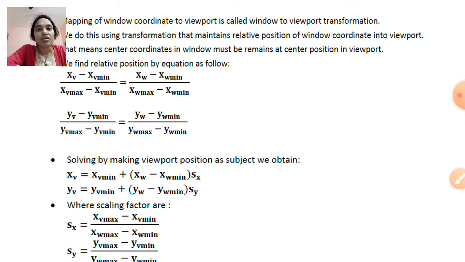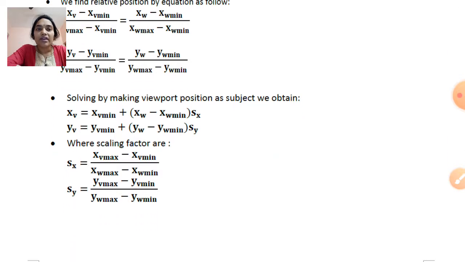xv min plus (xw minus xw min) into sx, and yv equals yv min plus (yw minus yw min) into sy, where sx and sy are known as your scaling factors. sx is (xv max minus xv min) by (xw max minus xw min).